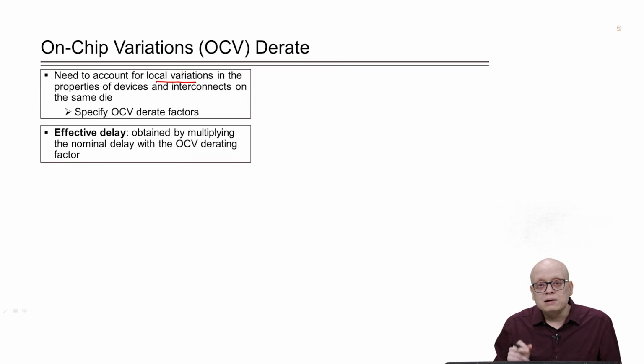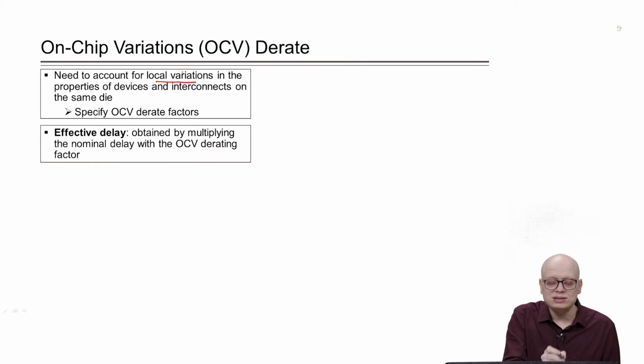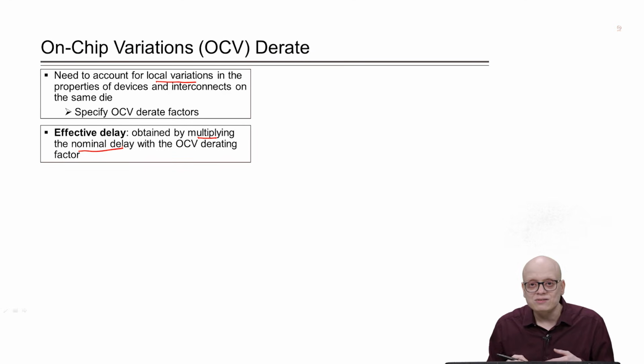So, when we supply a derate value to the timing analysis tool, internally it computes an effective delay. And how does it compute the effective delay? It is computed by multiplying the nominal delay with the OCV derating factor that we have given for our design, right.